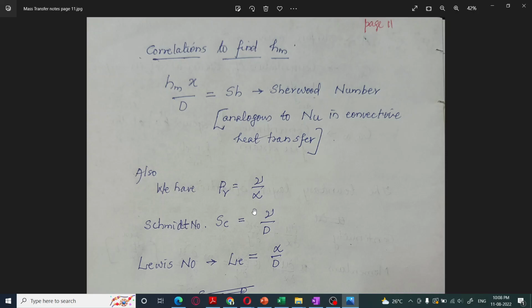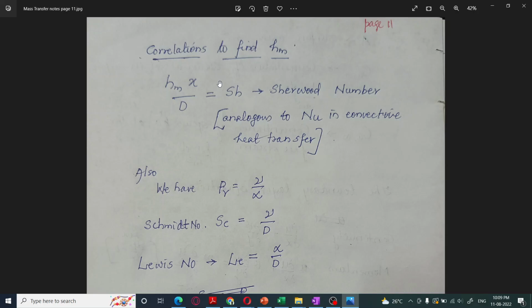So before using those equations, we should know the different parameters. We've already studied that the Nusselt number is hL by k or hx by k.